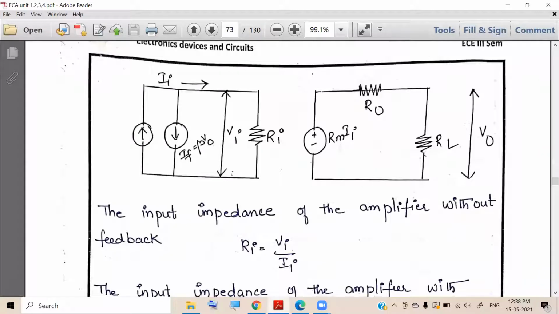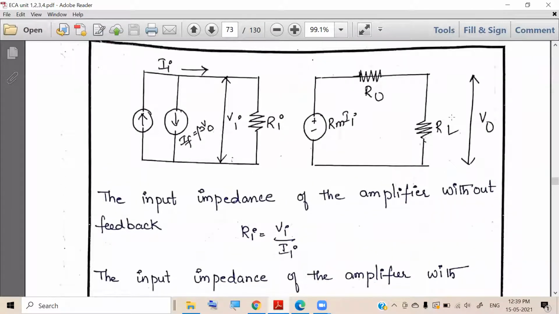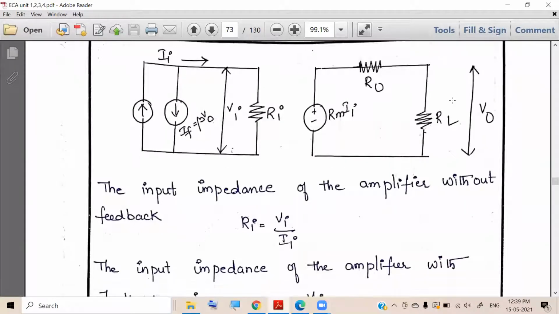Now, first, we open circuit RL, then we connect the voltage source and measure the current drawn. So first, what will the output voltage V0 be? Current drawn means we have to take the current I0 entering the circuit.